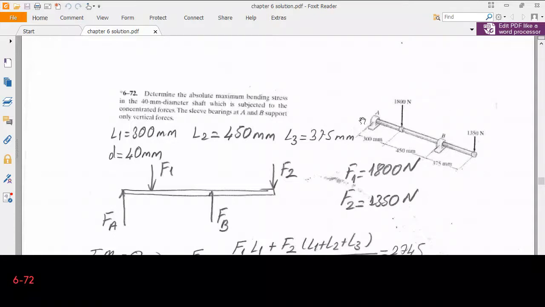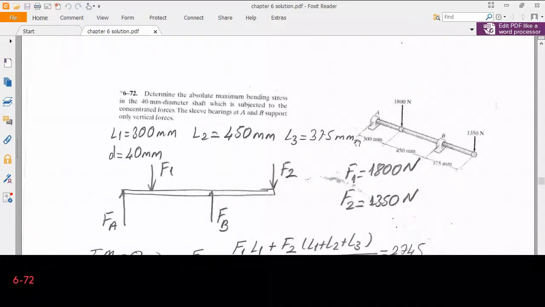These bearings only resist vertical forces, therefore there is no force in the transverse direction or in the lateral direction, let's say, and in fact there is no reaction moment coming from bearings A and B. Okay, first thing that we are going to do is to define the variables.